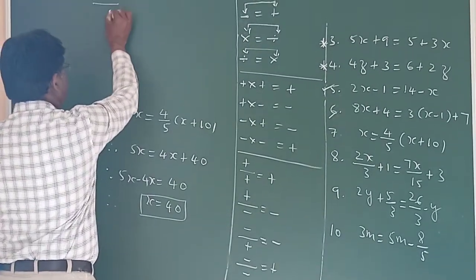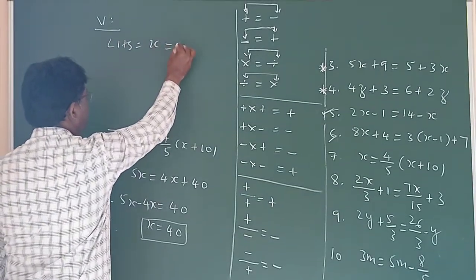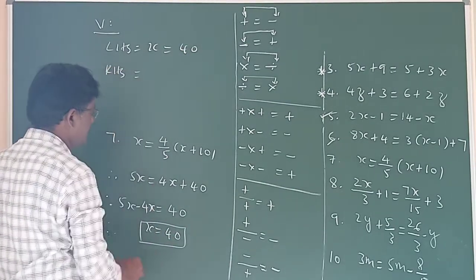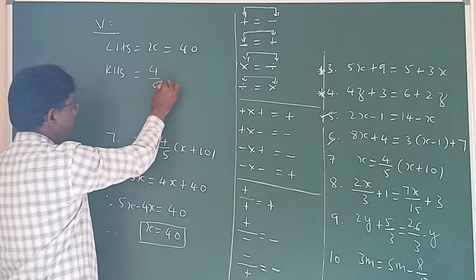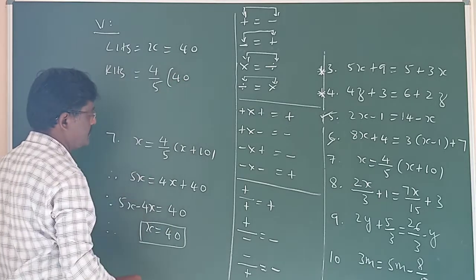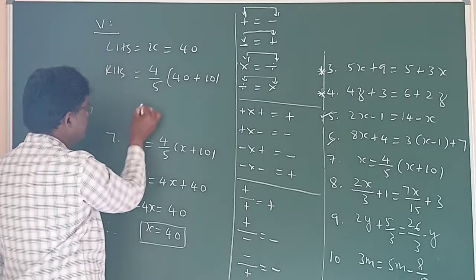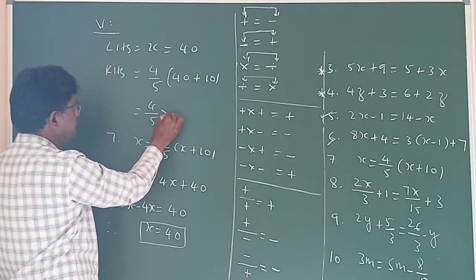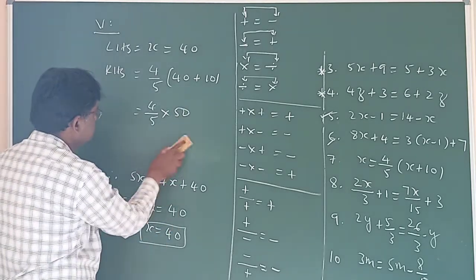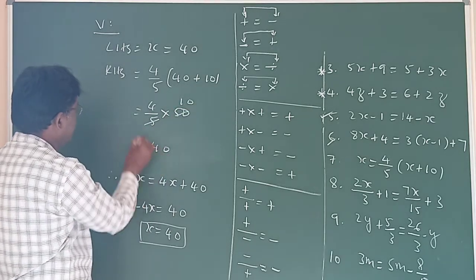Okay, then we shall go for verification. LHS, x equal to what? 40. Then take RHS, 4 by 5 into x, which is 40, plus 10, equal to 4 by 5 into 50. Okay, then 5 tens are 50, 5 ones are 5, so it is 40.